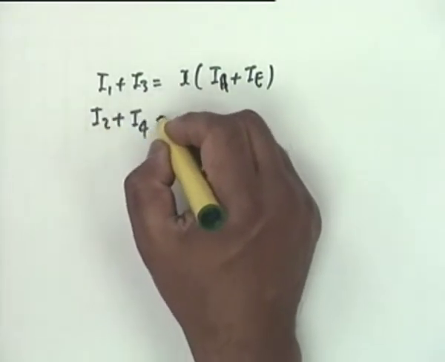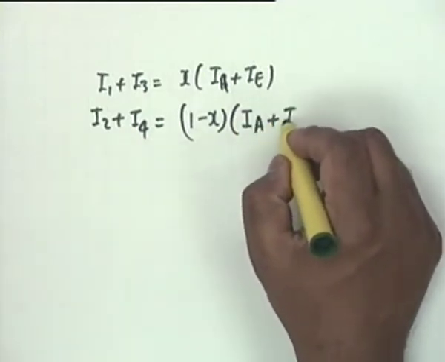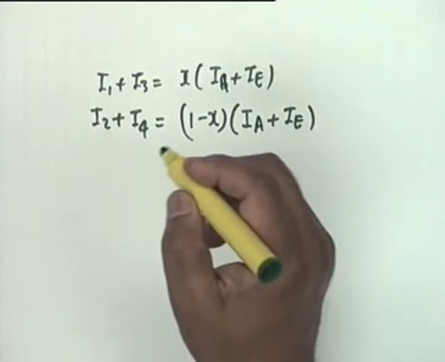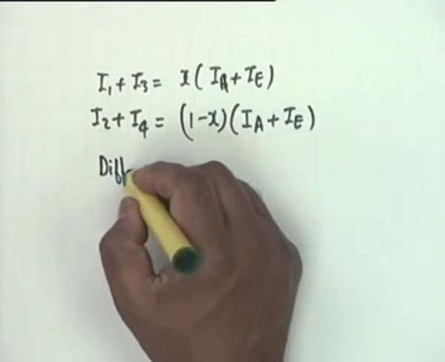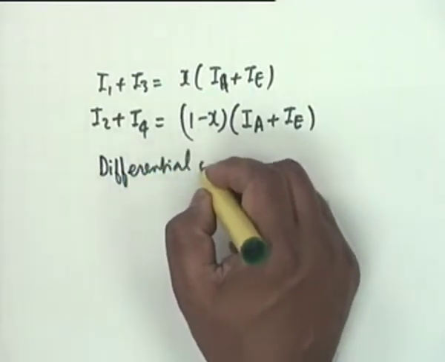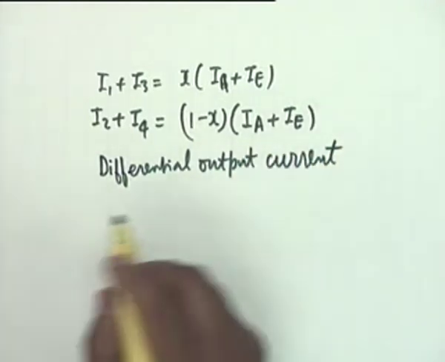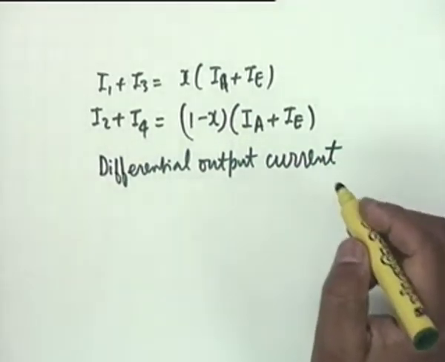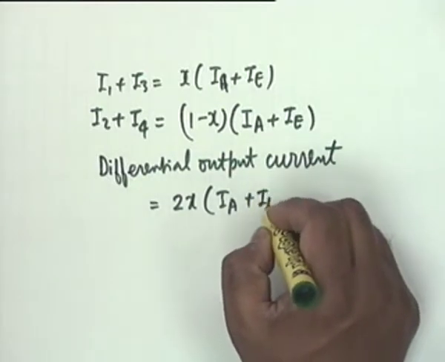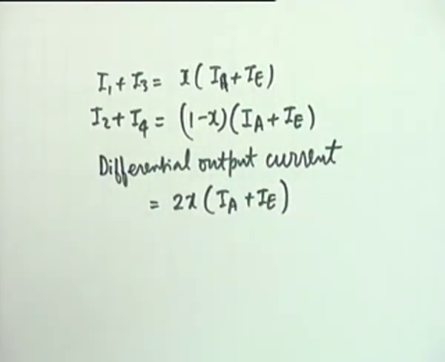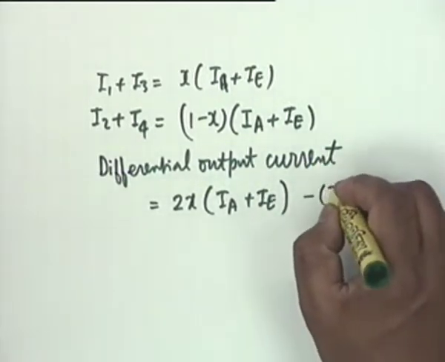I2 plus I4 is equal to 1 minus X times IA plus IE, and the differential output current would be equal to twice X times IA plus IE, all right, minus IA plus IE.